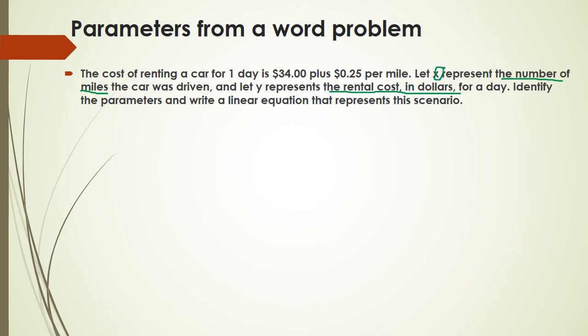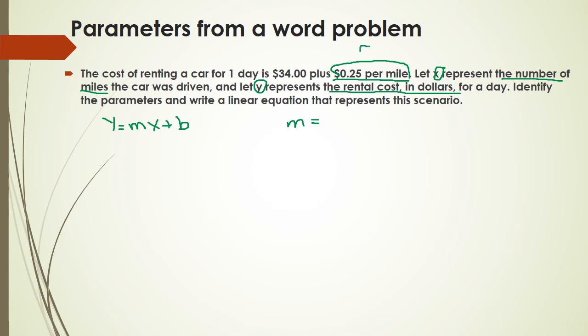Since I'm going to write a linear equation for this problem, I know that I'm going to start with y equals mx plus b, and I have to find m, and I have to find b. I know that m is the rate of change, or the slope, and in this case we have 25 cents per mile, and this is the rate that we have here.